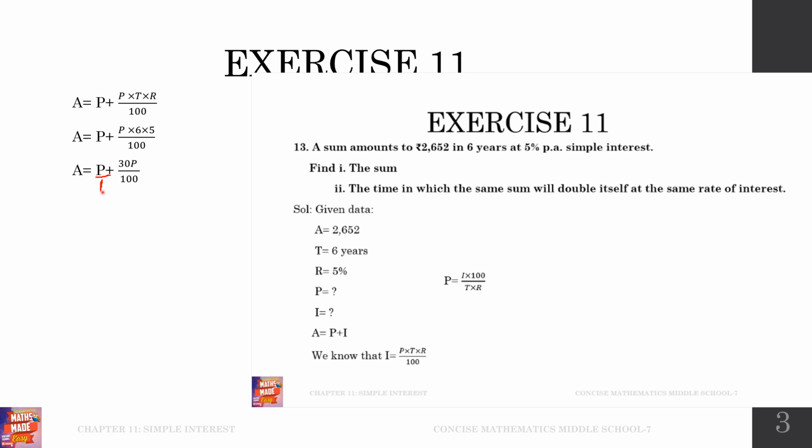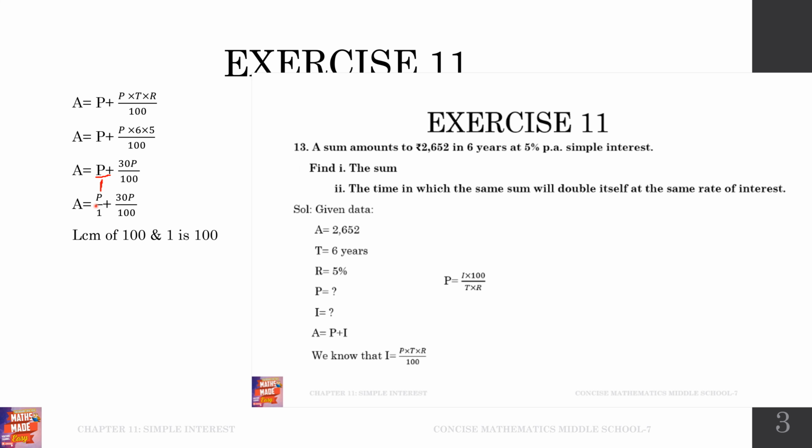Now we have to take LCM, since the denominator part is different. Here it is 1, here it is 100. You need to make this equal, then only you can add the numerators. If the denominators are equal, you can directly add the numerators. Since it is different, we are going to take the LCM of 100 and 1, which is 100.